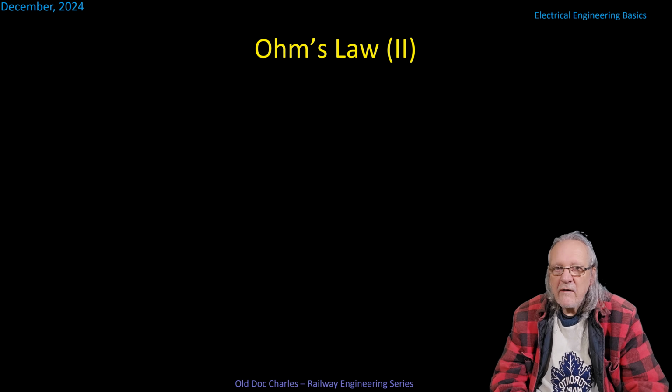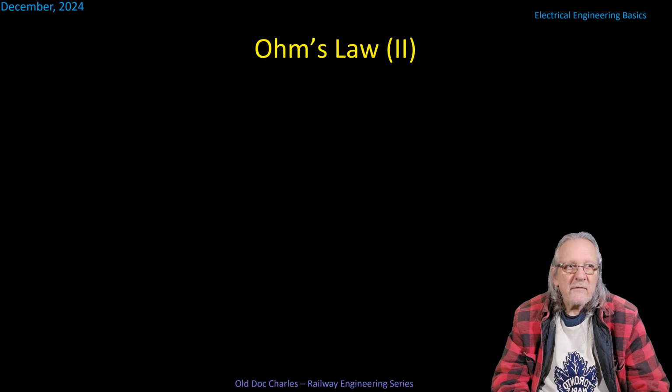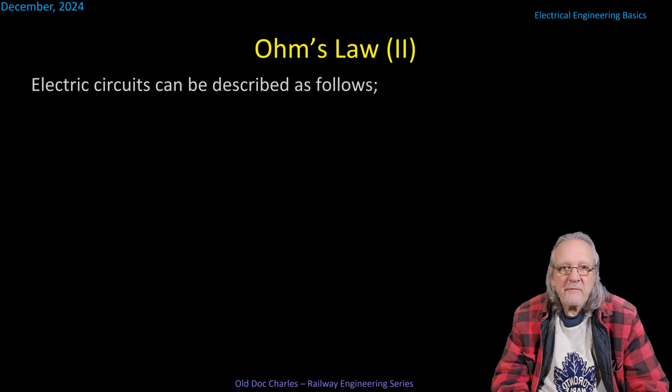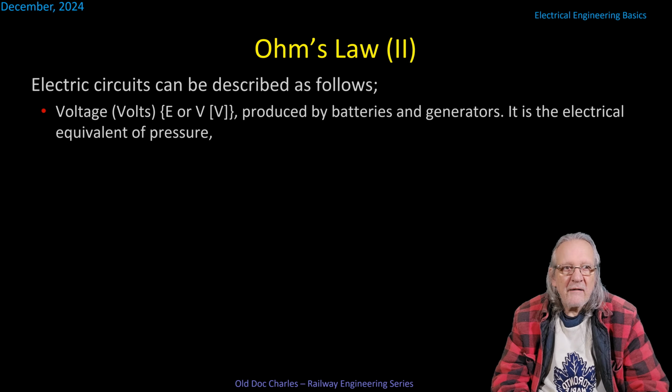So to recap that bit, electric circuits can be described by a voltage, which is volts, and it's produced by batteries and generators and fuel cells and solar panels and all sorts of weird things nowadays. It's the electrical equivalent of pressure, and it's what actually supplies the energy to the circuit.